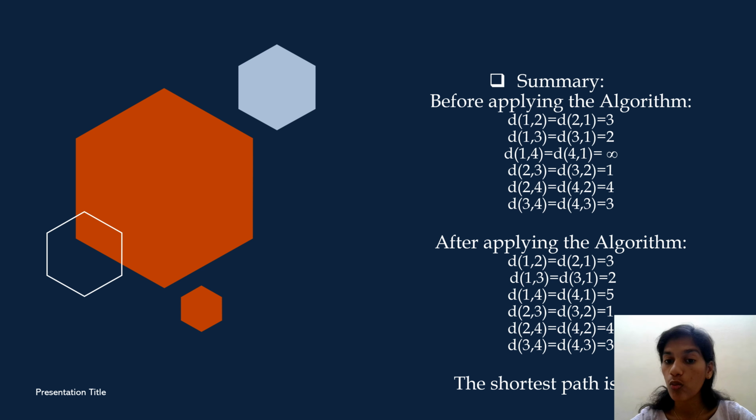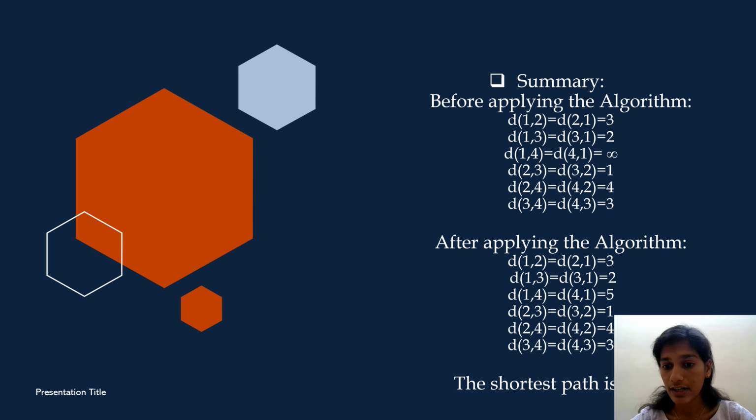But for 1 comma 4 and D4 comma 1, this is infinity, and after applying the algorithm D1 comma 4 and D4 comma 1 is 5, as we found that when we find a path from 1 to 3 and 3 to 4, we find the shortest path.